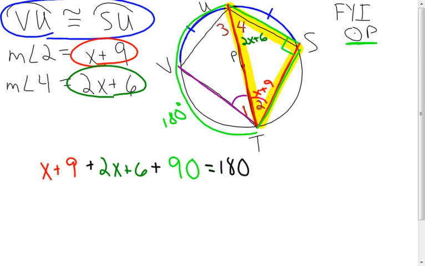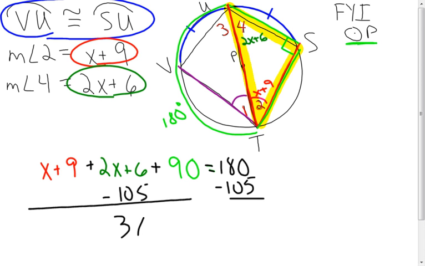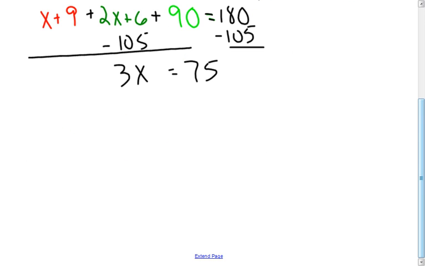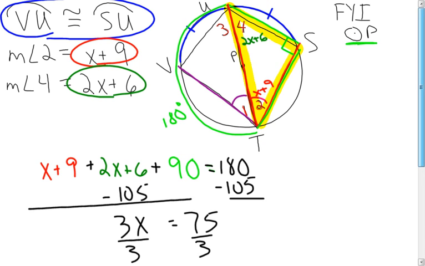I'm going to subtract 105, because that's the 9 plus 6 plus 90, from both sides. Now I have 3x equal to 75. Divide both sides by 3, and I find out that x equals 25.